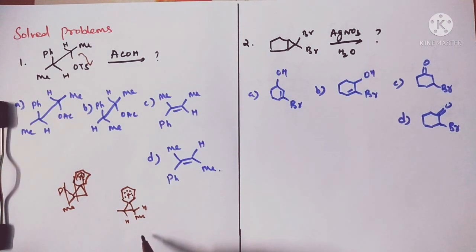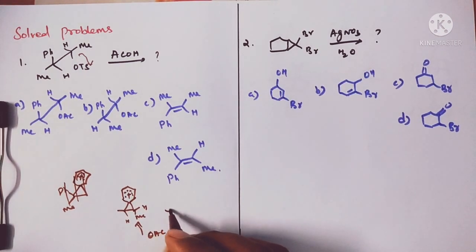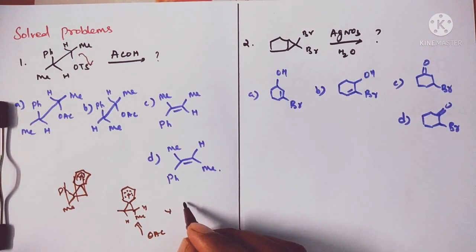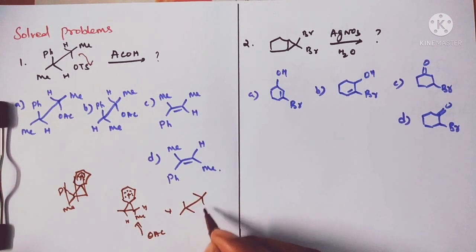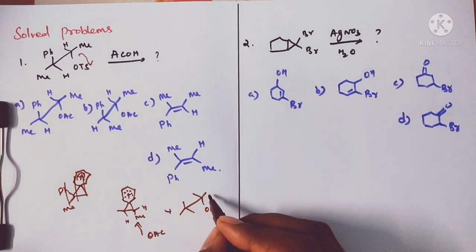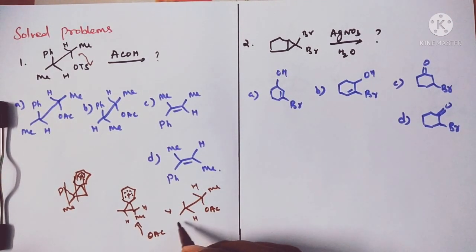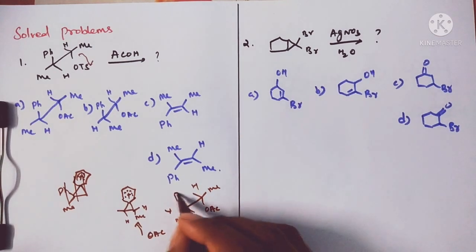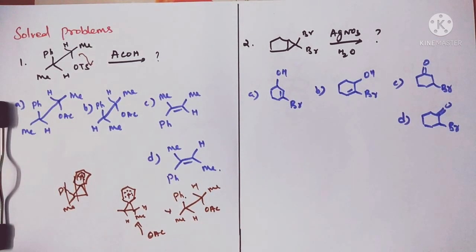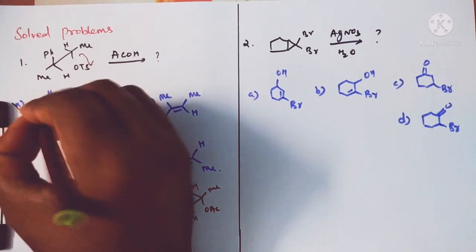Then the acetate attacks below the plane, so it gives the product of acetate, methyl, hydrogen, methyl, and phenyl. So the answer is A.